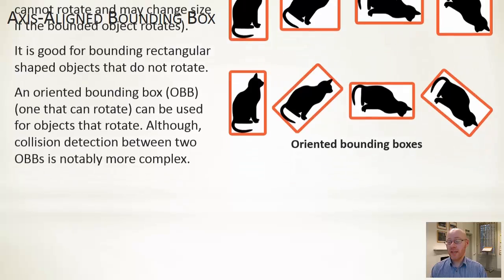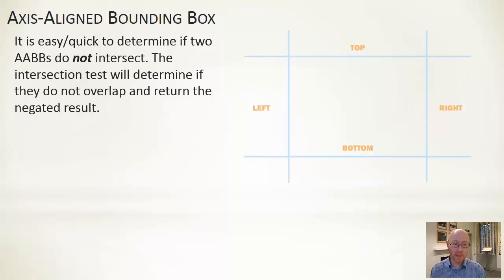Okay, so we're looking at two AABBs, axis-aligned bounding boxes, and trying to work out: do they overlap? This thankfully is a quick and relatively easy thing to do, but we're going to cast it in a different way. Normally we're interested in whether they overlap, true or false, but what we're going to work out is whether they do not overlap.